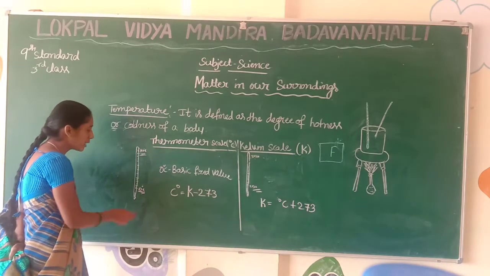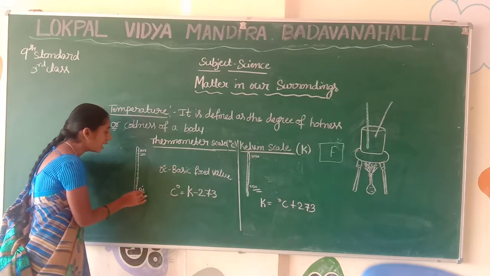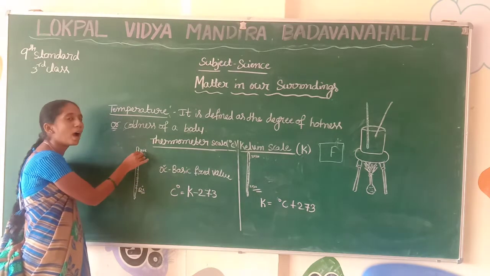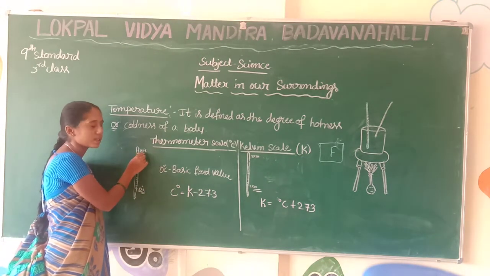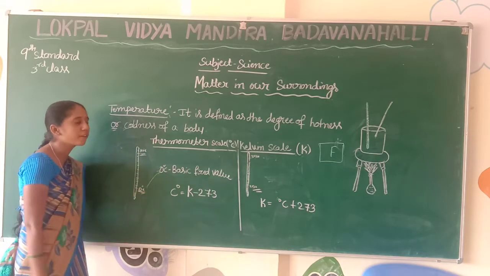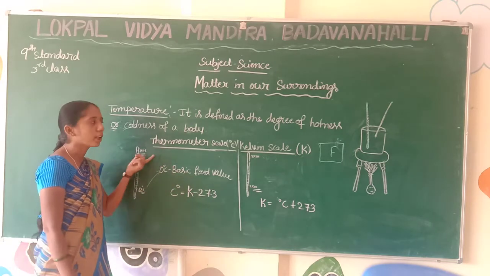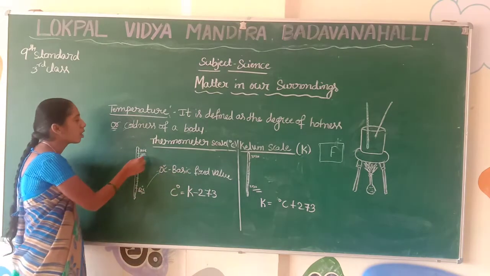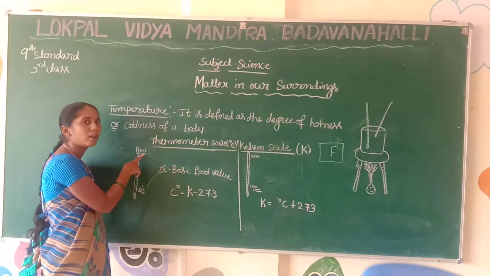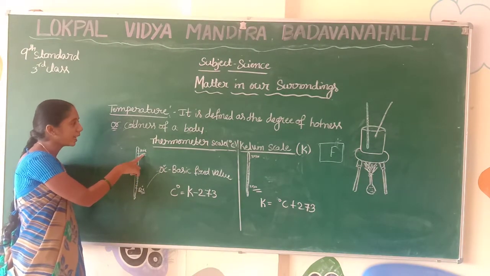But here we observe that the thermometer scale starts from 0 degree Celsius and ends at 100 degree Celsius. This 0 degree Celsius we call the basic fixed value of the thermometer scale and 100 degree Celsius we call the uppermost fixed value of the thermometer scale.